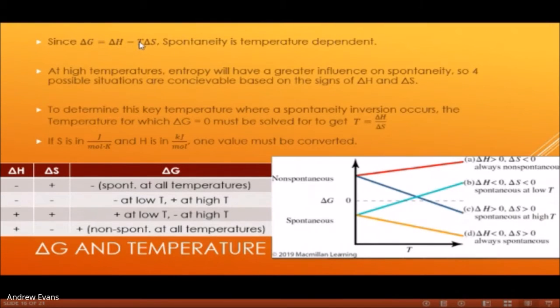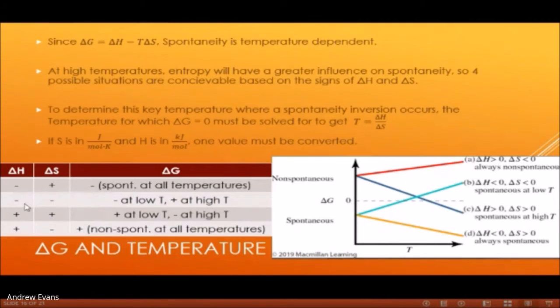So we add T delta S to the other side, divide both sides by delta S, and we get delta H over delta S is equal to T. Keep in mind, you have to turn kilojoules into joules or joules into kilojoules for this to work. But we can find the temperature in Kelvin through this.